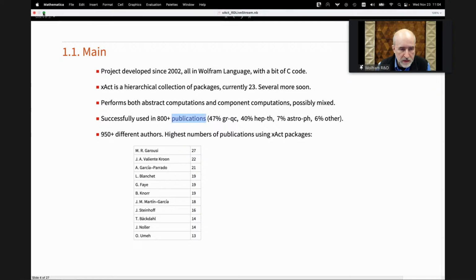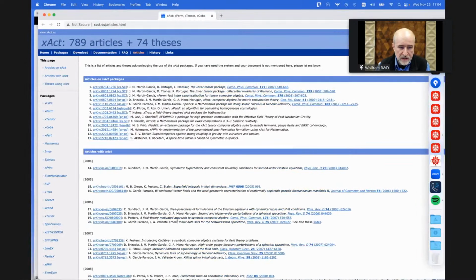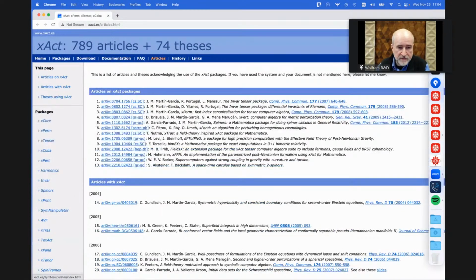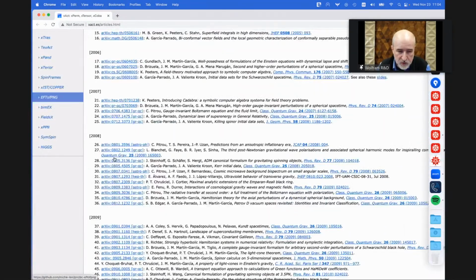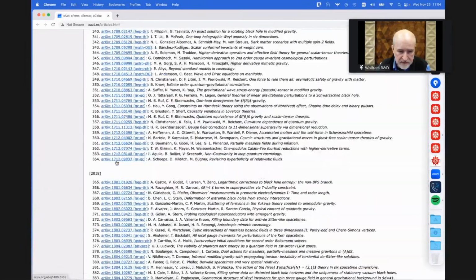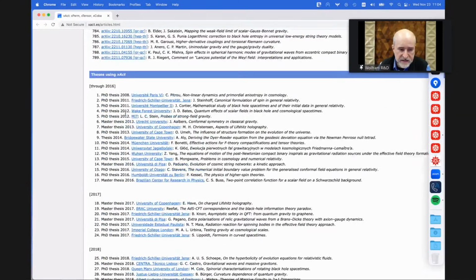To get an idea of these possible application areas, I invite you to visit this page in which I collect from time to time the papers citing xAct. Here you have over the years the multiple articles that I know have cited xAct, and at the very end there is also a list of PhD theses.